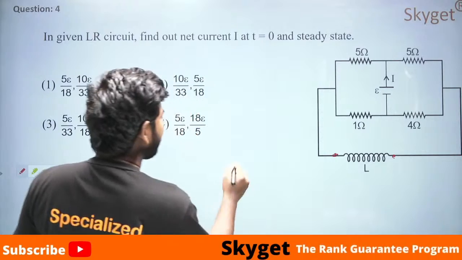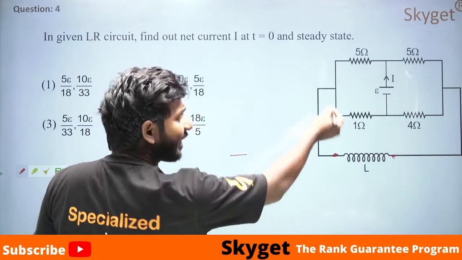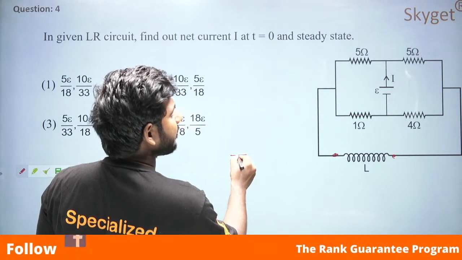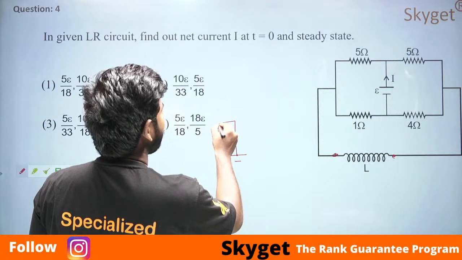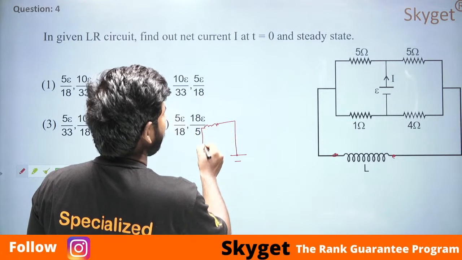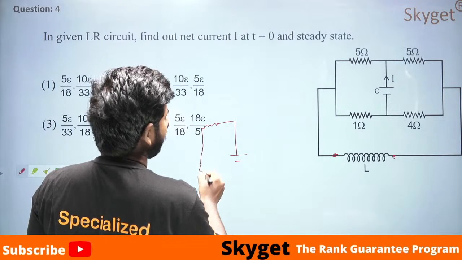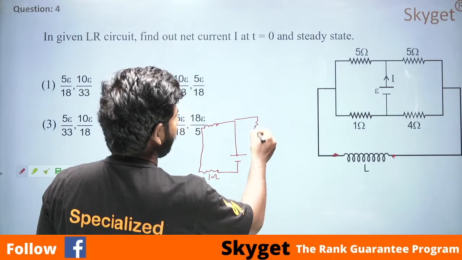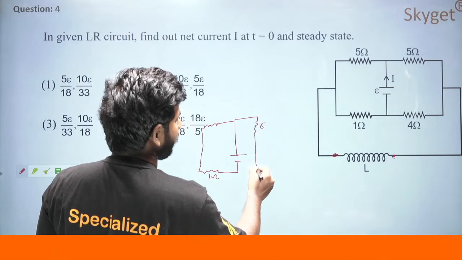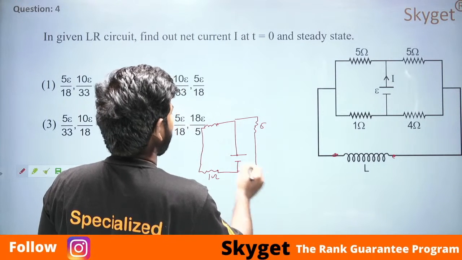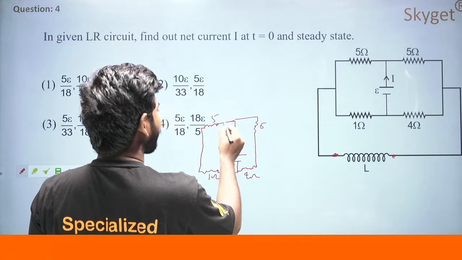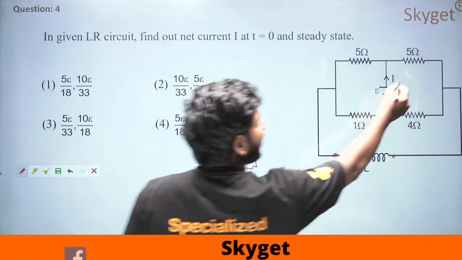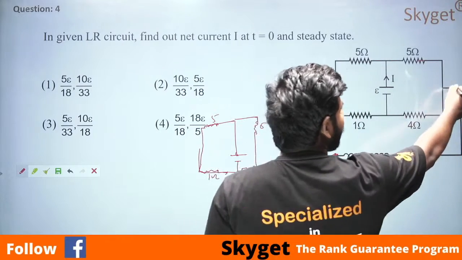So what will be the answer here? I am rearranging the circuit to make our question easy. Whatever current flows here in the 5 ohm has to come back to the 4 ohm, because this wire is an open circuit.